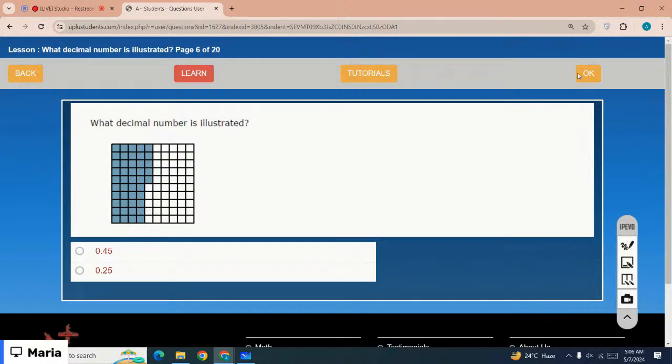What decimal number is illustrated? The correct option is, yes, that is 0.45.